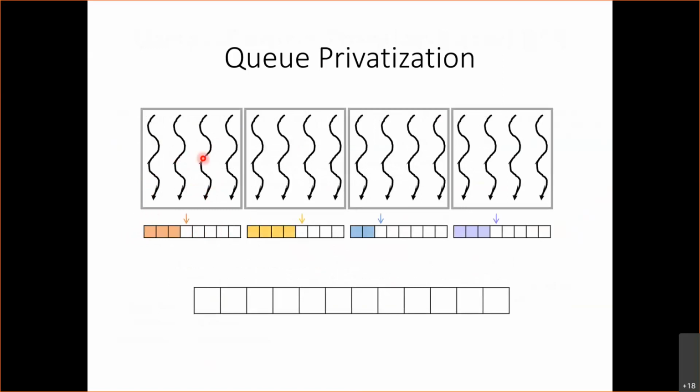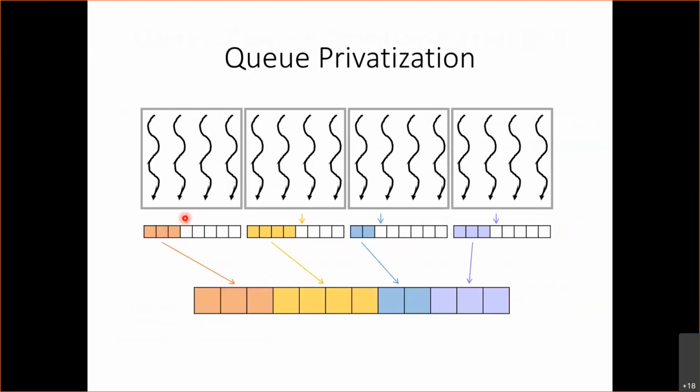And then when each thread block finishes filling up its own queue, each thread block can do one atomic operation on the global counter to allocate space for its values, and then write its values out to the global queue.